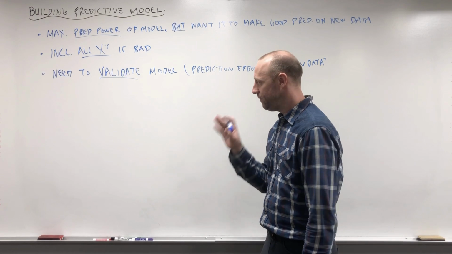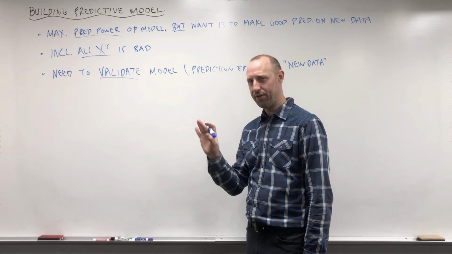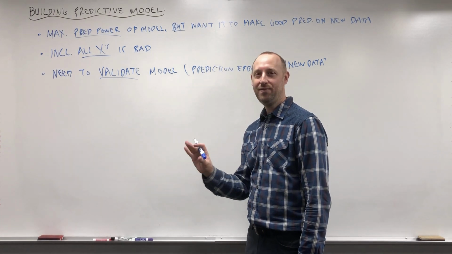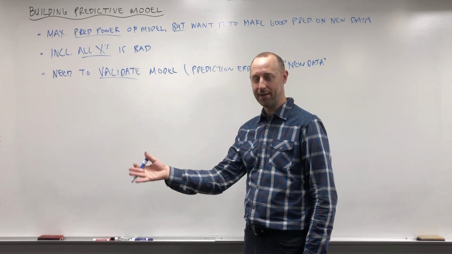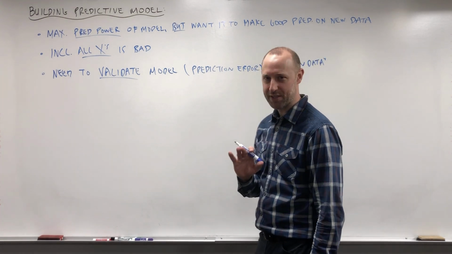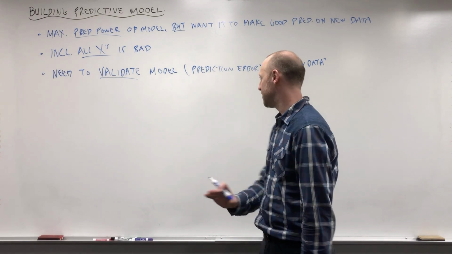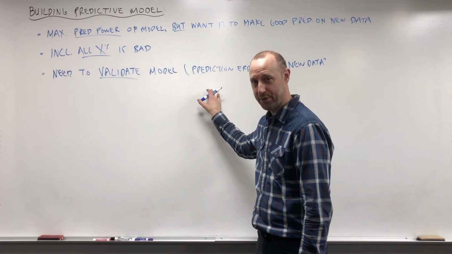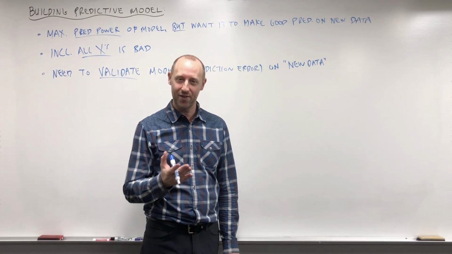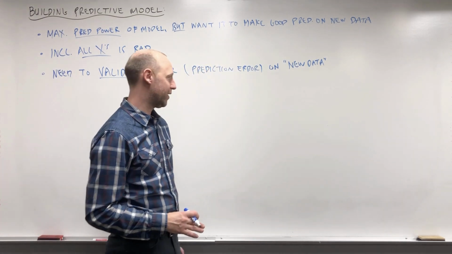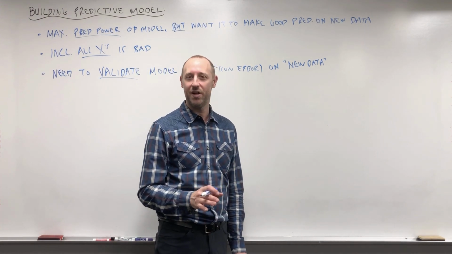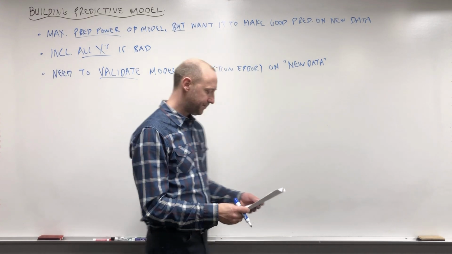Again, that's the set of data we use to build the model, to decide what all the coefficients should be. And then R squared looks at how well that model can predict that data. But that data was used to build the model. So it's not to say that R squared is bad, but it's not the best measure of how well our model can actually predict new sets of data. R squared from a model is always going to be higher than the actual real R squared. If we give it a new set of data, it's never going to predict as well as it can predict the data that trained it.